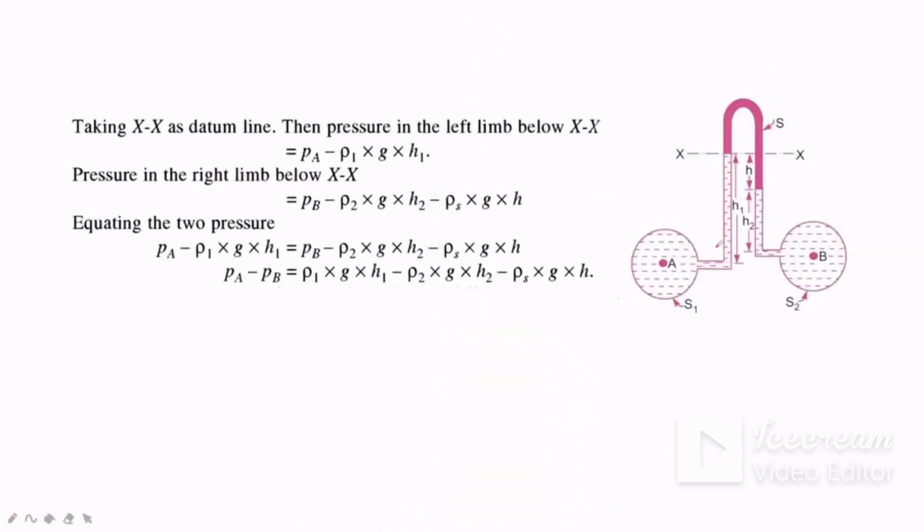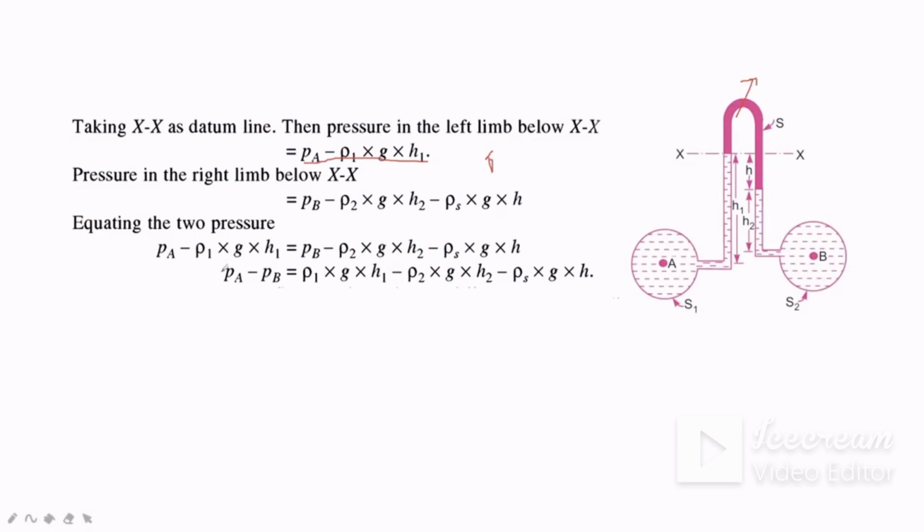Taking xx as datum, the pressure in the left limb will be Pa minus rho 1 G H1. Why this minus? Because it is going against gravity, and the liquid is lighter here. The pressure in the right limb will be Pb minus rho 2 G H2 minus rho s G H.